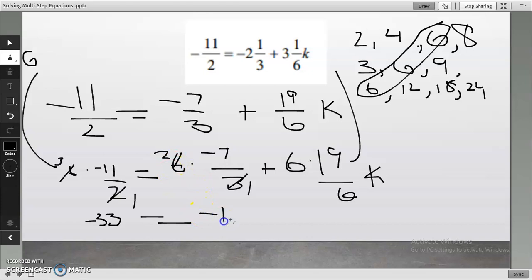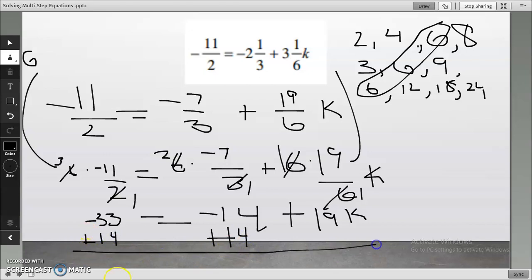So I get negative 14 plus 6 goes into 6 once, 6 goes into 6 once. So I get 19k. Okay. All right. So now this looks like something I can deal with, right? So I'm going to add 14 to both sides. And I get negative 19 equals 19k.